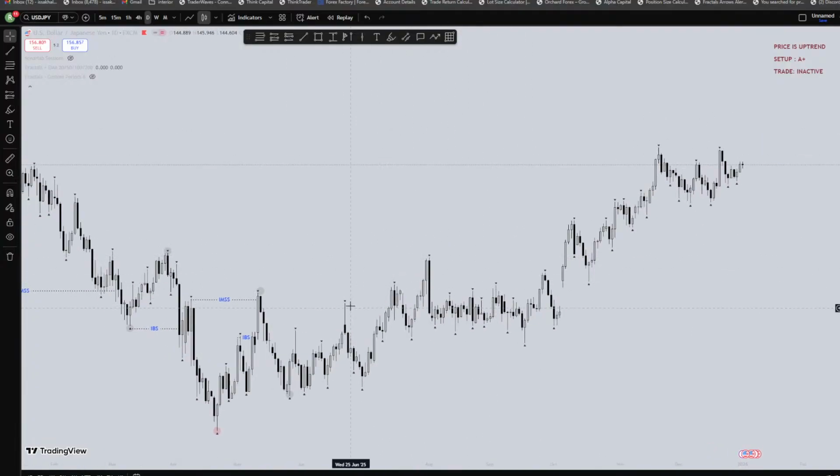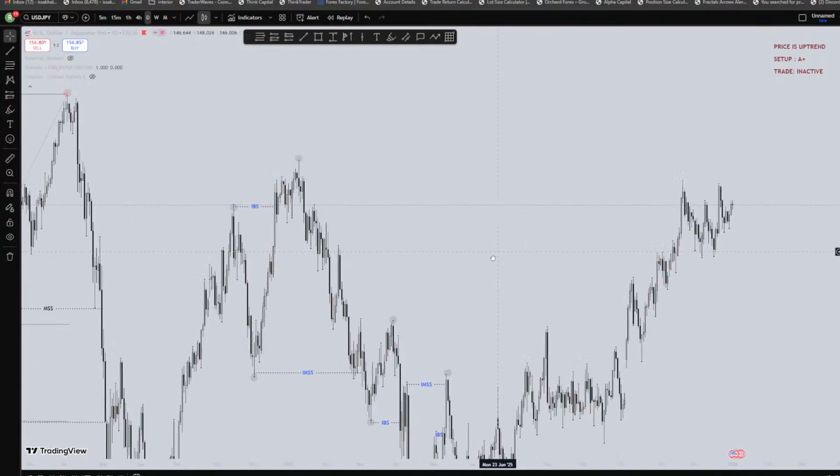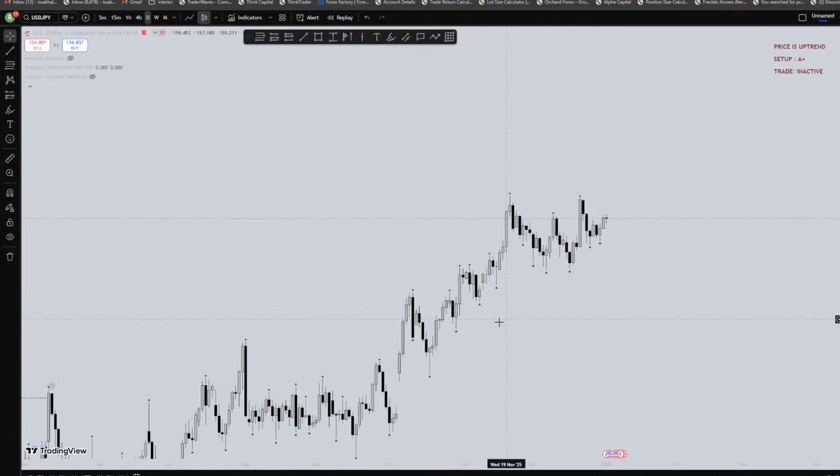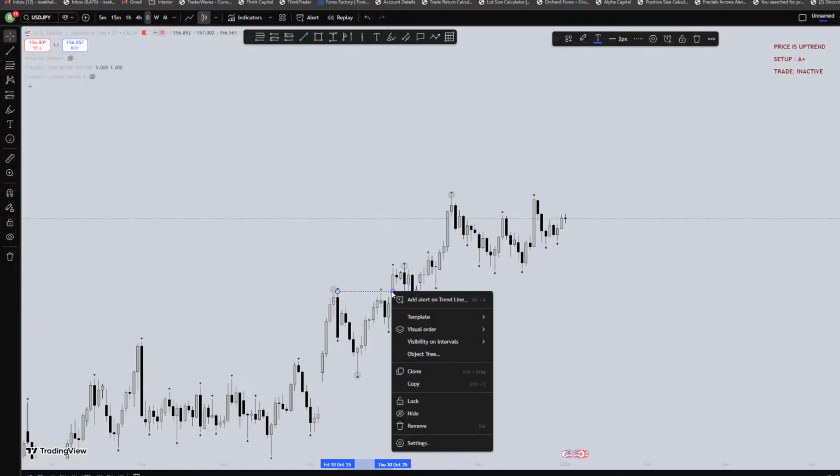So when your price ranged, continued push range, and we have this pushed structure right there, stopped, come back, just about to reach. So we shall wait and see.